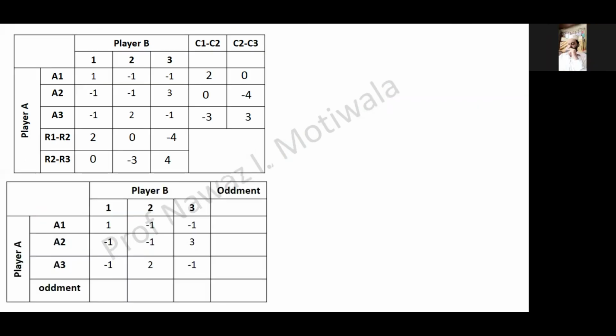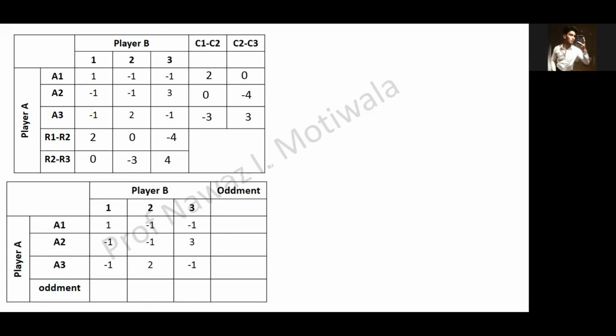Now for the oddments, for the first row, we have to cancel that row, and then take the remaining rows and remaining columns.